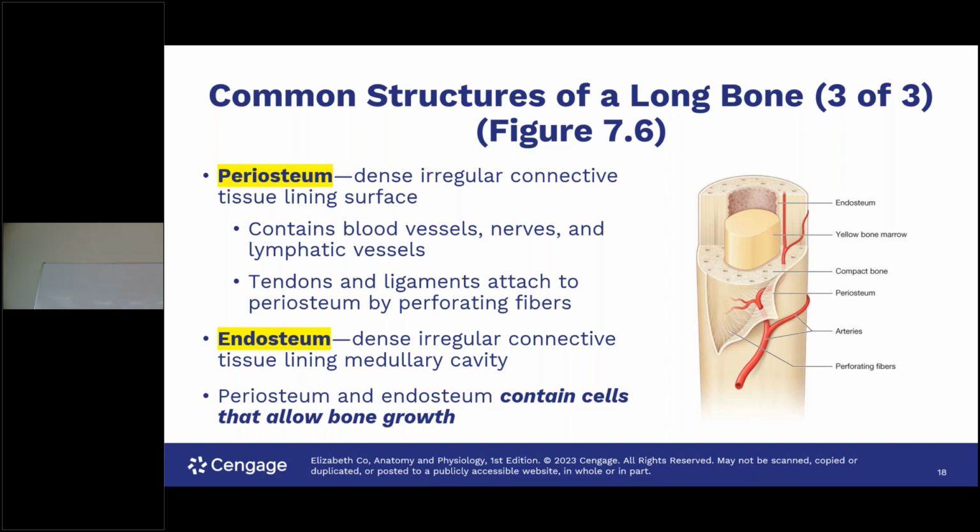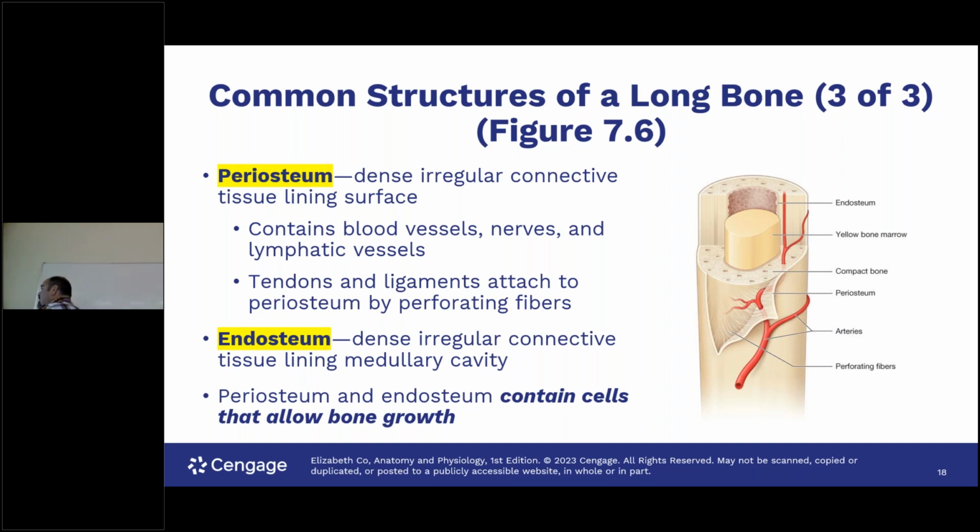The outer fibrous layer is made up of tough connective tissue, very strong, durable, protective. The inner layer of the periosteum is cellular, and this is where you have cells that are able to produce bone and such.